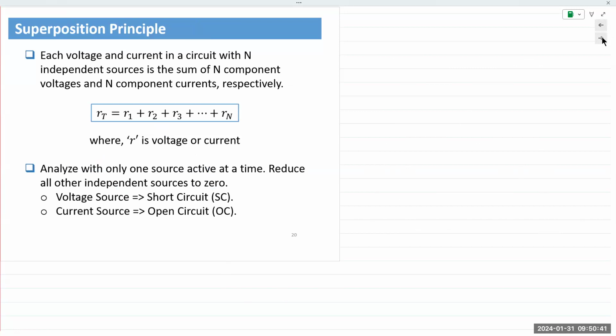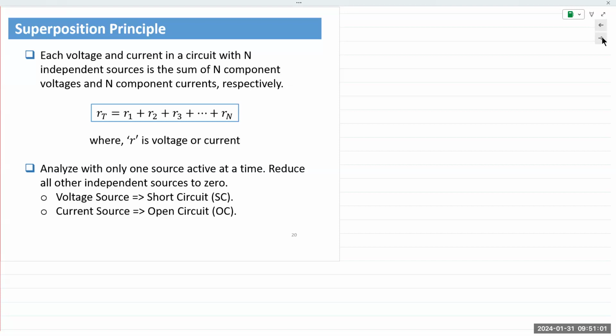If you have more than one source in a circuit, then the resulting voltage or current at any given point in the circuit is a result of all of those sources working together.